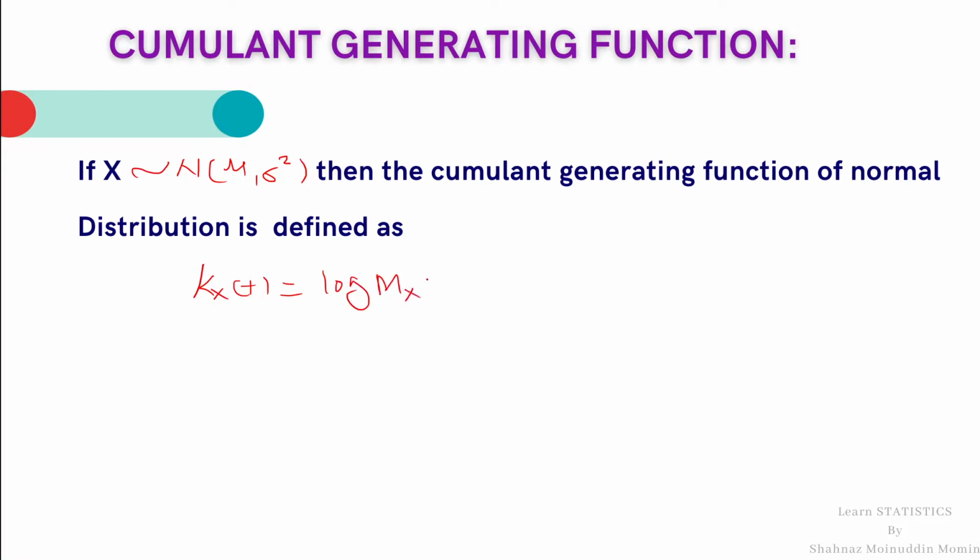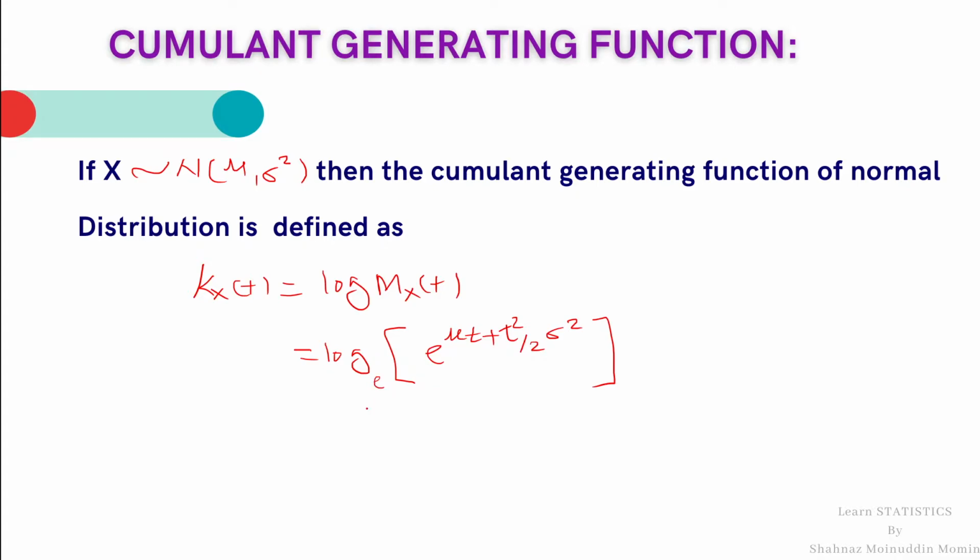moment generating function M_X(t). In the previous lecture we have already studied the moment generating function of normal distribution. From that lecture, the formula for M_X(t) is e raised to mu t plus t square by 2 sigma square.